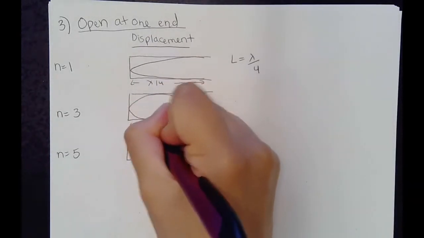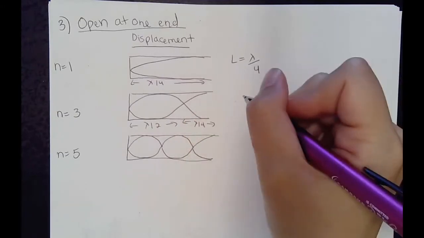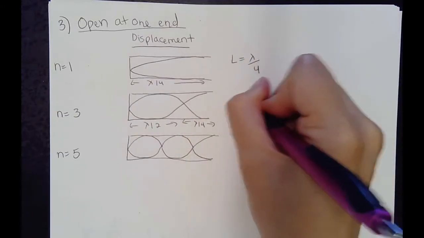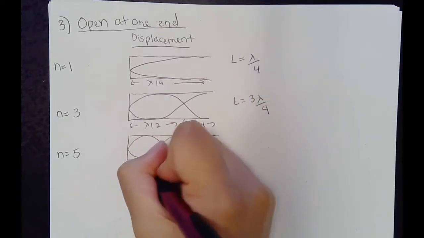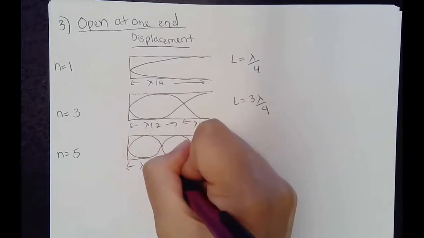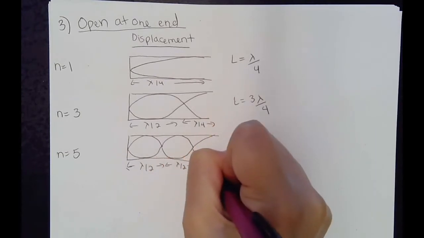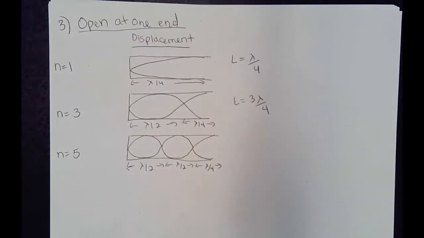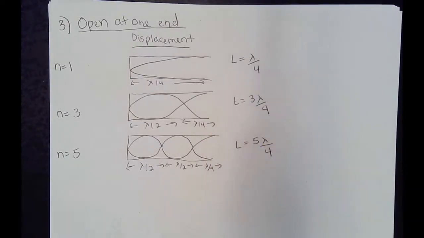This one is lambda over 2 plus a quarter wavelength. So for this one, we get L equals 3 lambda over 4. And here in the last diagram, we have a half, and then another half, and a quarter at the end here. So this is 5 lambda over 4, if you were to add those up.